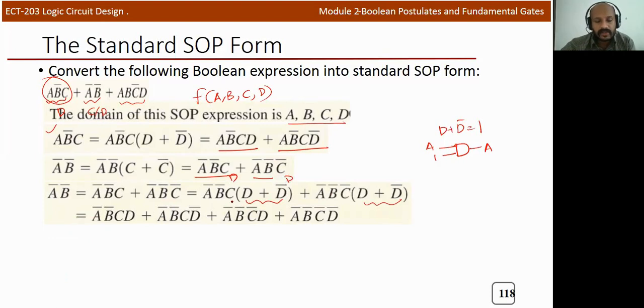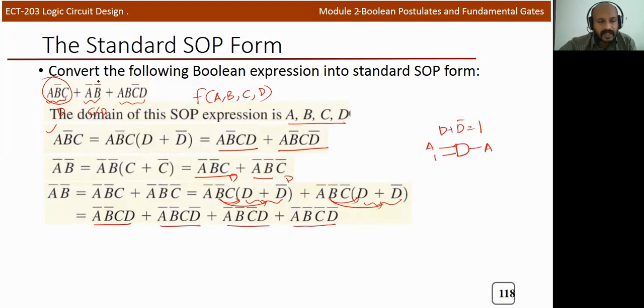So we can add D plus D bar here and D plus D bar here, and expand. Finally you'll get A bar B bar C D, A bar B bar C D bar, A bar B bar C bar D, then A bar B bar C bar D bar.